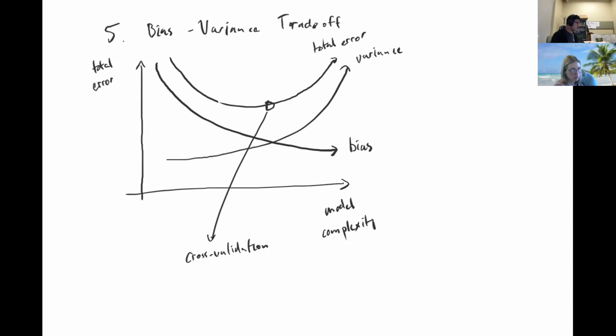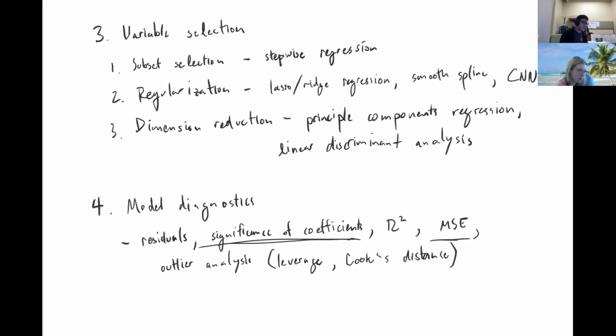So if we go back to our techniques here in our variable selection, for example, stepwise regression, we select based off of the AIC, BIC, or adjusted R squared. It's the same kind of principle where you are penalizing having more variables, and the reason you do that penalty is because of the bias variance trade-off.